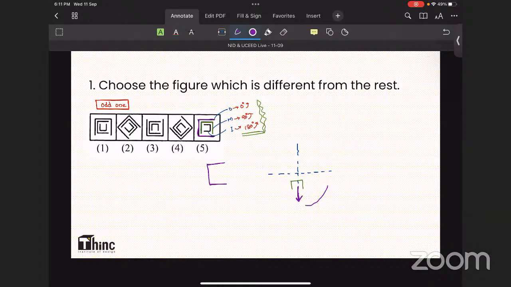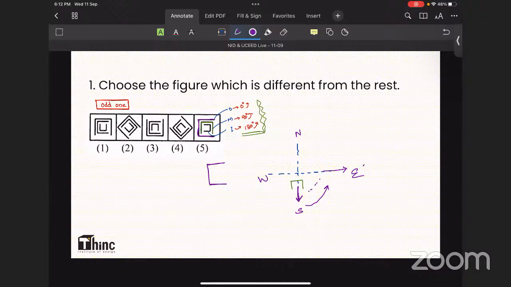We want an anti-clockwise rotation. Anti-clockwise rotation means we need to rotate it in this direction, and this particular one will be opening towards, you can call this, west direction. If it is a direction map, you can call it west. We are not here for imagining all these things. We are trying to bypass difficult imaginations. So this is east and this is west.